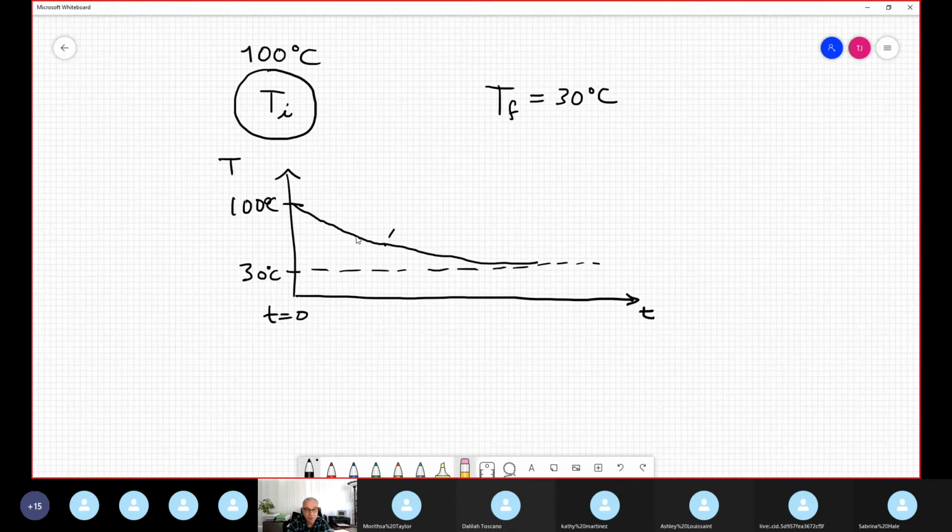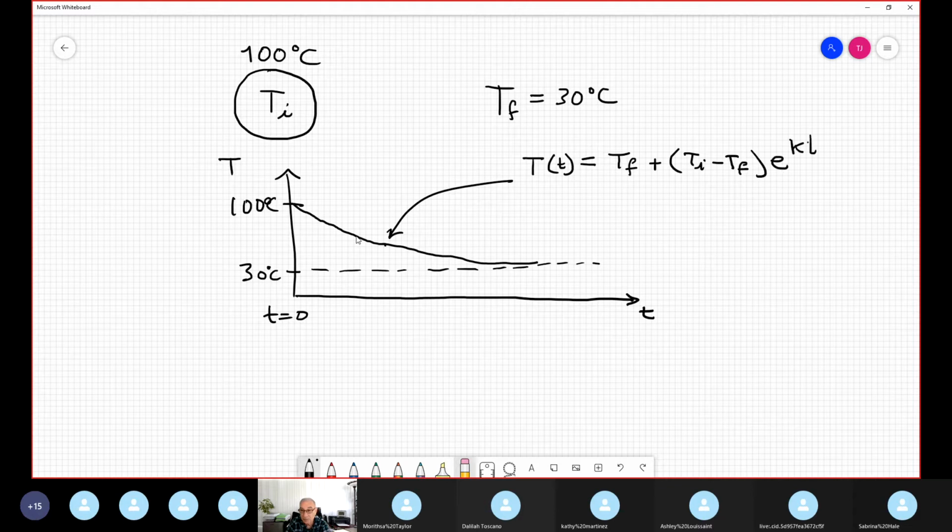So what is the formula for this curve? Well, the formula is temperature at any time is equal to temperature final plus parentheses temperature initial minus temperature final, e to the kt.